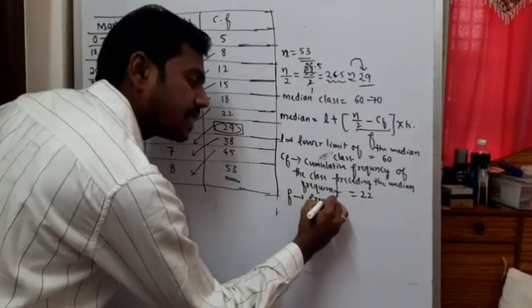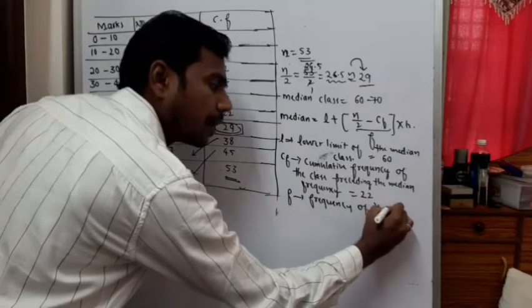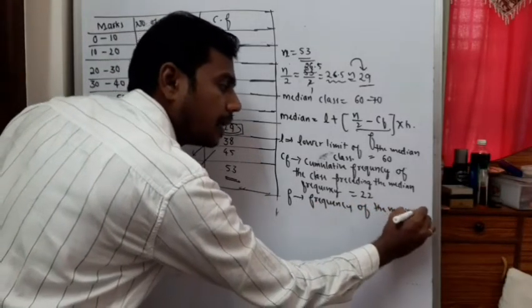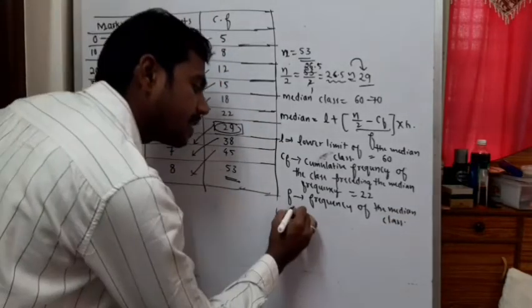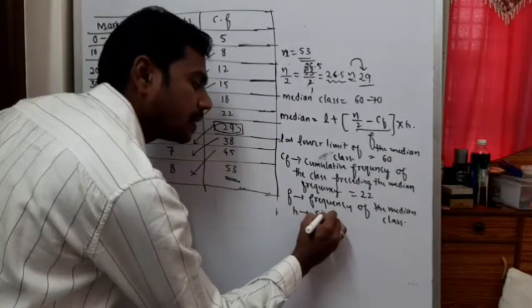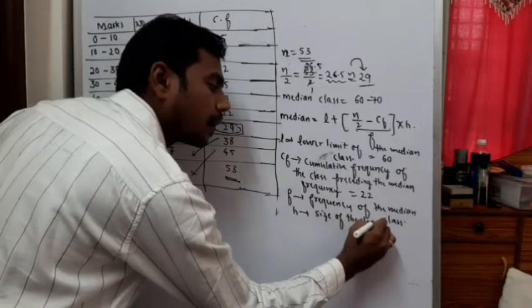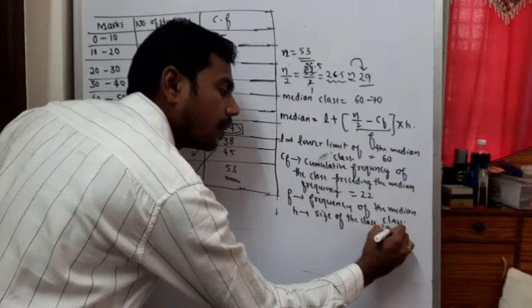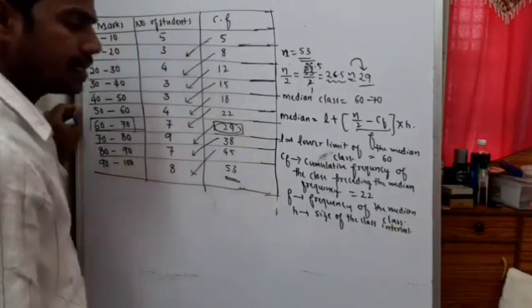F is the frequency of the median class. H is the size of the class interval.